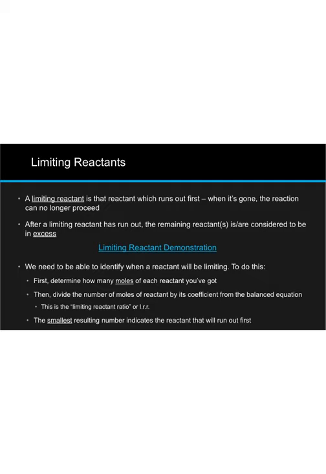A limiting reactant is a reactant that runs out first. And when it's gone, the reaction can no longer produce any more products. After a limiting reactant has run out, any remaining reactants are considered to be in excess. We saw in a previous demonstration that it only took 9.75 grams worth of sodium to react with 15 grams worth of chlorine.